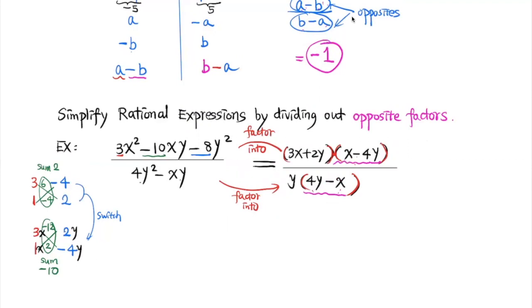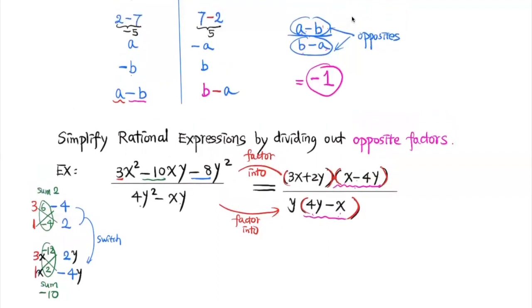You can think of it this way. x and -x are opposites. -4y and 4y are opposites. So every term in this expression is the opposite of the corresponding term in the other expression. So when we divide opposites, we'll get -1.